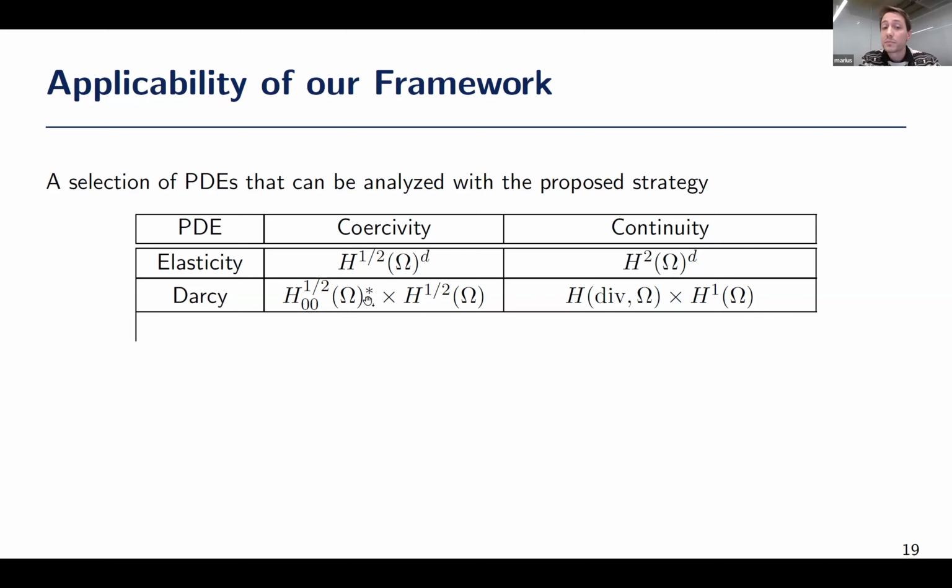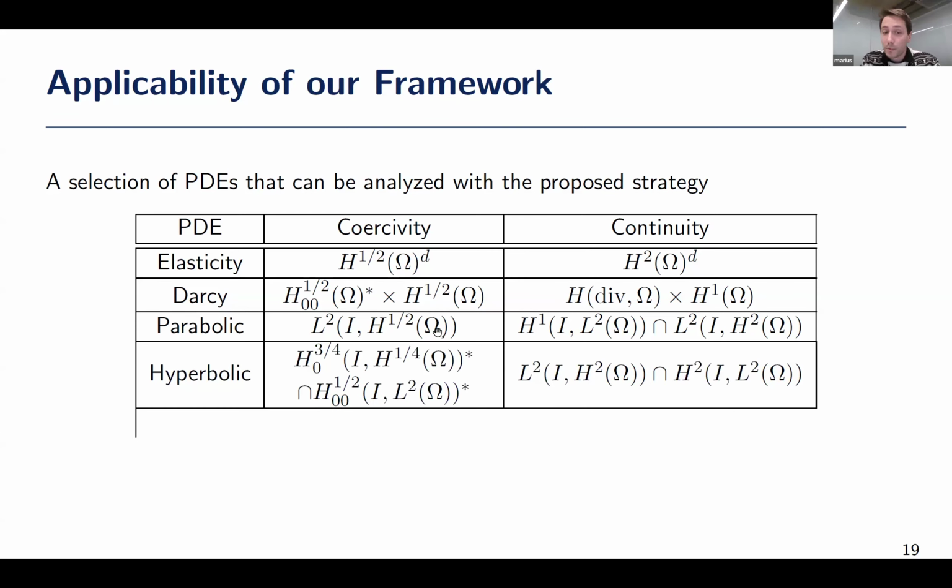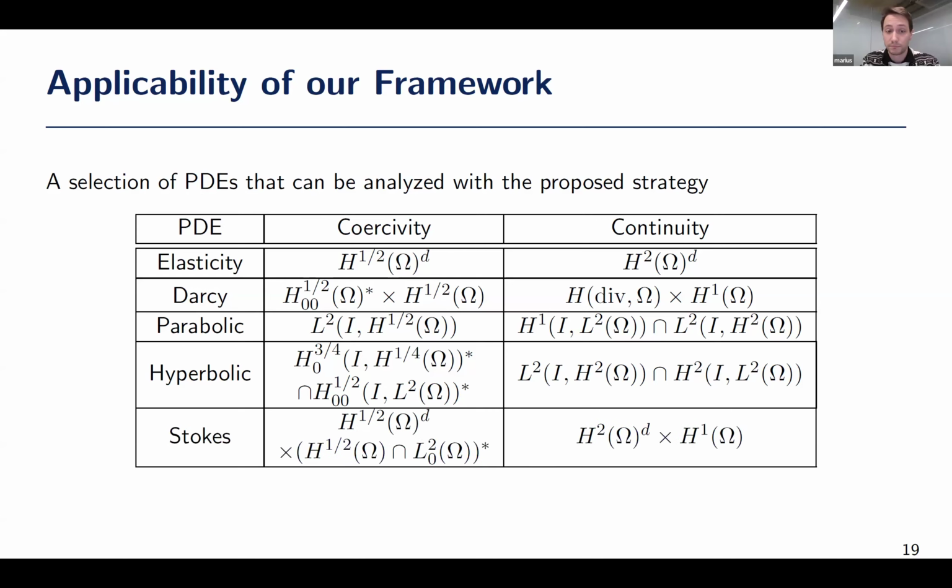Now here you get the Lions-Magenes space, which just appears naturally as an interpolation space. For parabolic equations, you get L2 with values in H1/2. For hyperbolic, you get more complicated spaces. These stem from the exponents. They come from interpolation and the natural norms for the boundary and initial conditions.